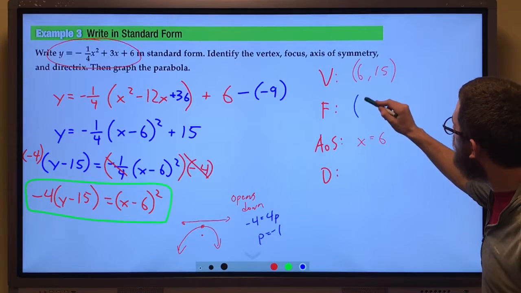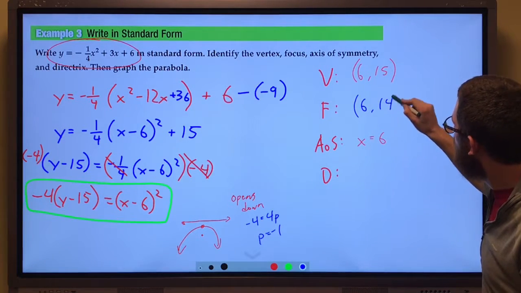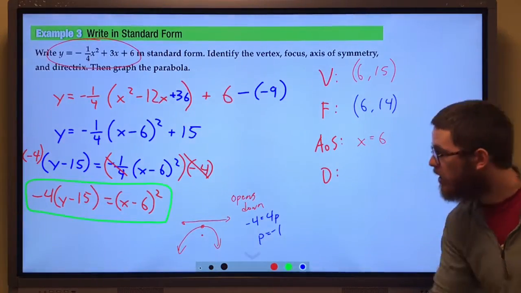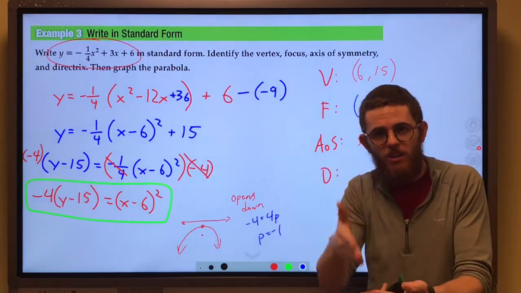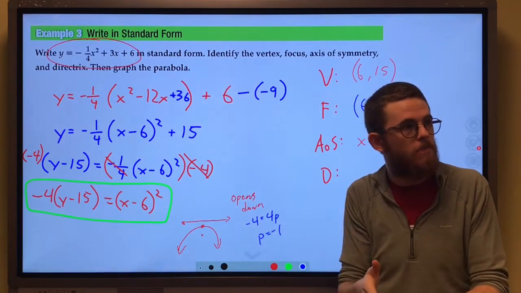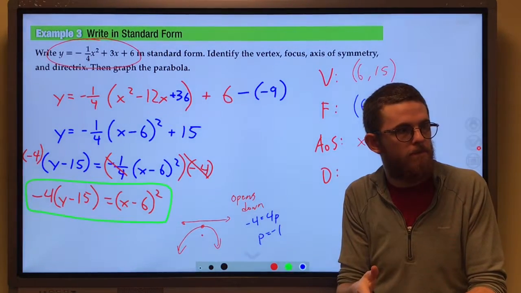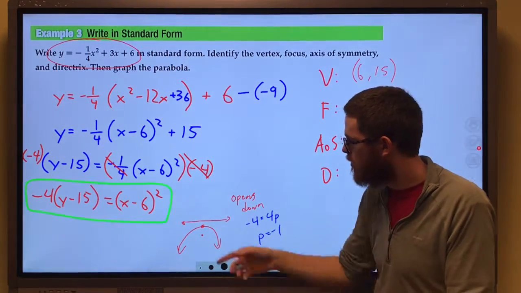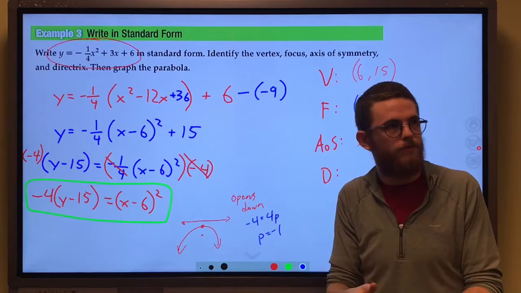So our focus would be (6, 14). Now, why do we add it to the y-coordinate? Well, we know because of what we see here the x-coordinate's always staying the same. It's the y-coordinates that are changing.